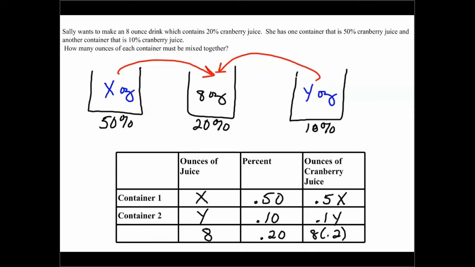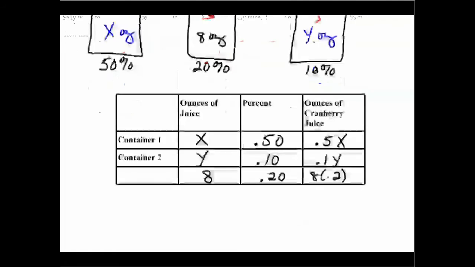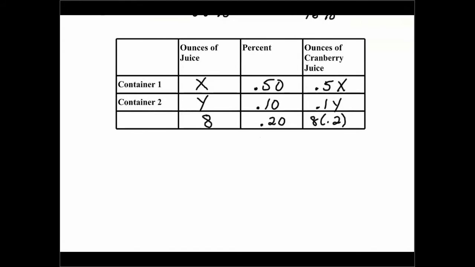Our two equations, we're going to need equations now, are going to come from the first column and the third column. The first equation will be the combination of the two containers is 8 ounces, and then the combination of how much cranberry juice is in each container.